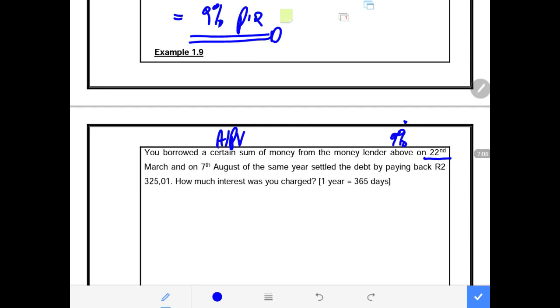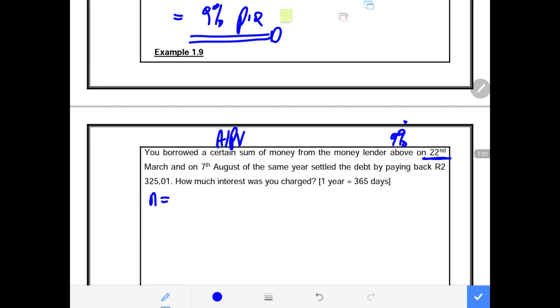So now, first of all, we need to calculate our N, which is in days. When did we borrow the amount? On the 22nd of March. March is how many days? March has 31 days.